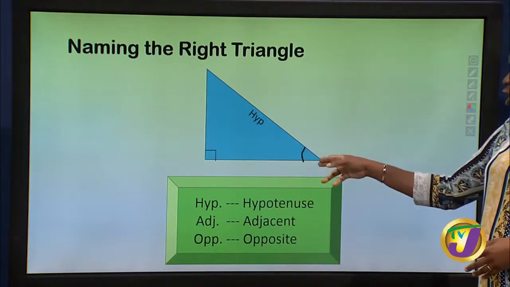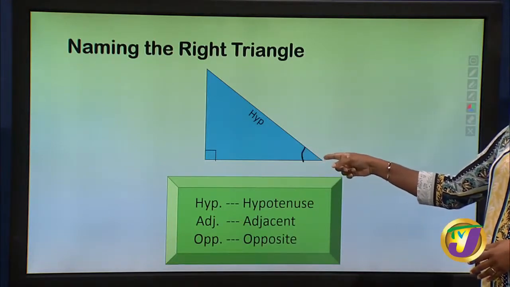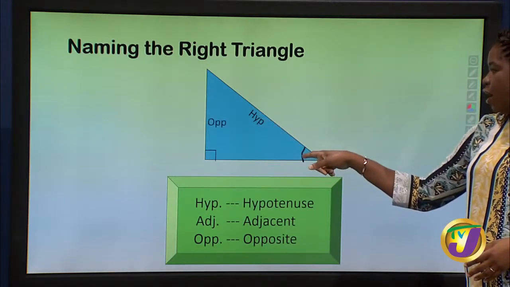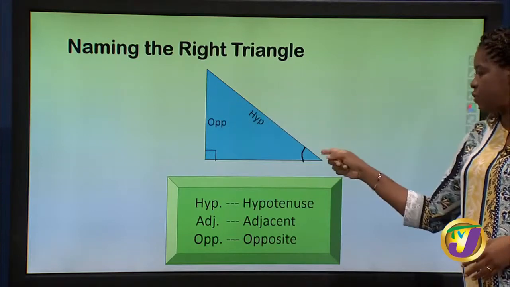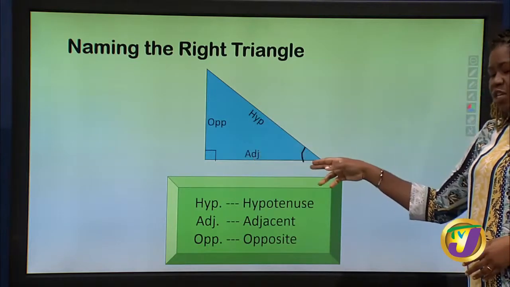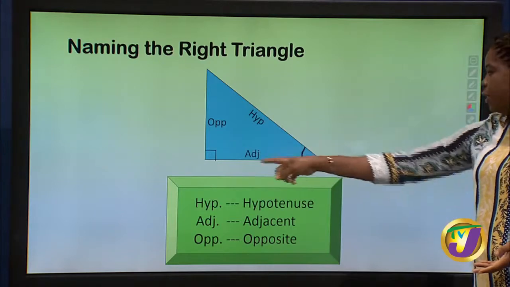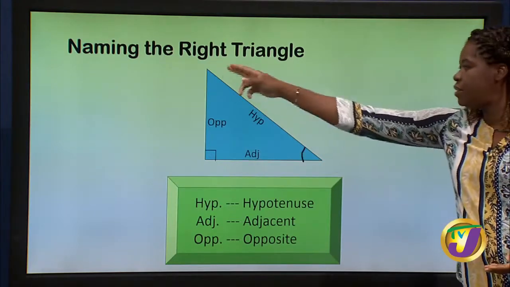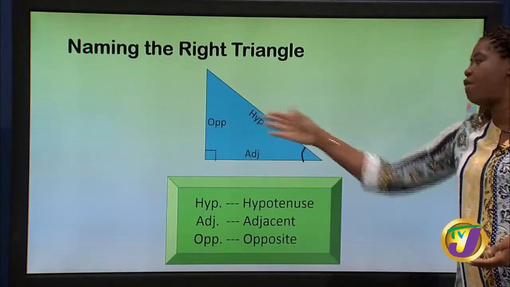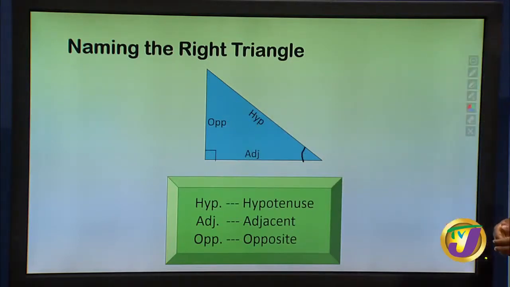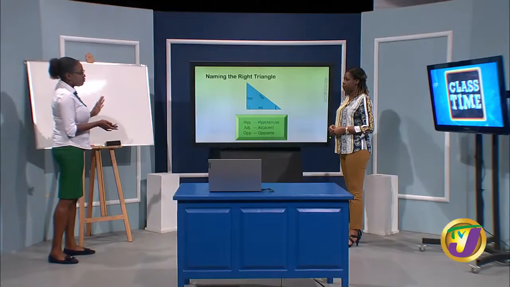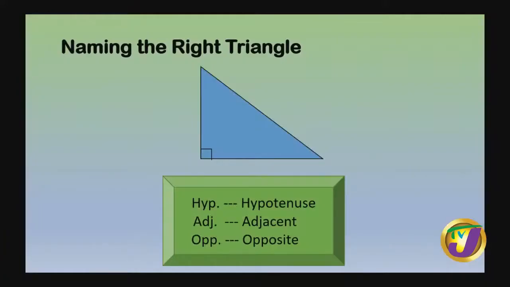So if the angle is here at this point as being shown on the screen, this side would be opposite to the angle and this side would be adjacent, meaning this side is beside this angle, and this side here is opposite or facing the angle. And we should also note that the opposite and the adjacent sides are perpendicular. So that's where we get the right angle right there.